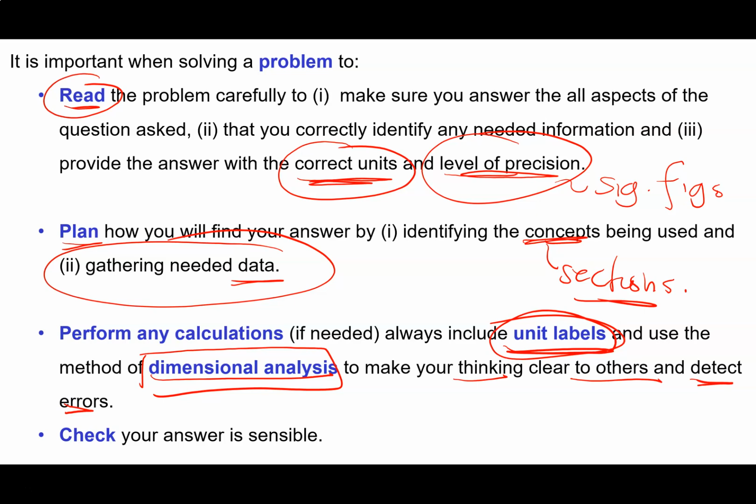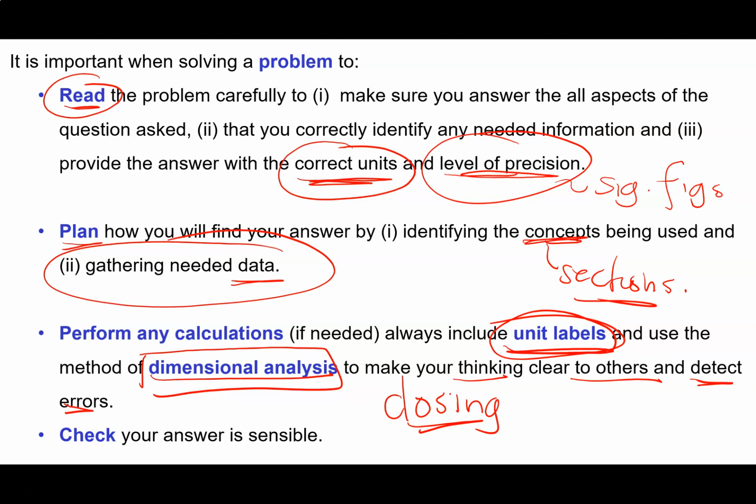There have been many examples, and we'll do a case study on this, of horrible errors when doing dosing, when administering medications, right? And by using this technique called dimensional analysis, you can detect those errors. That's the point of it.